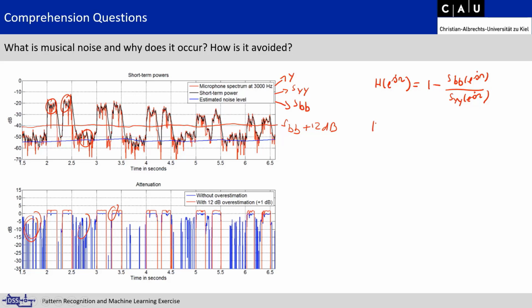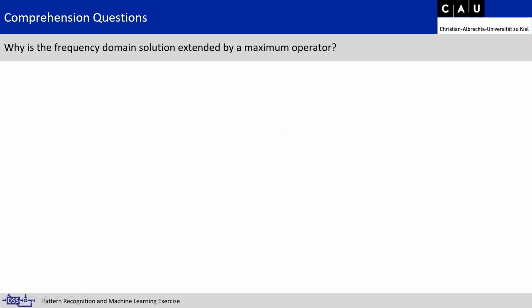So then our new filter weights are given by 1 minus K over times SBB divided by SYY. And this solution with the overestimation factor basically prevents musical noise.